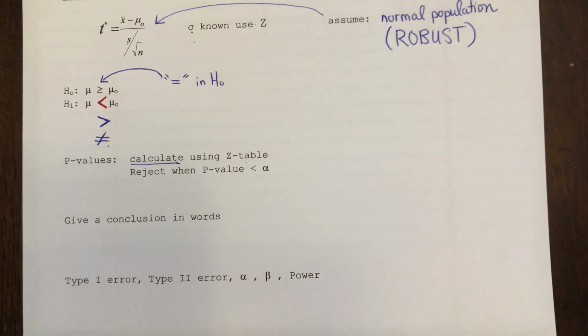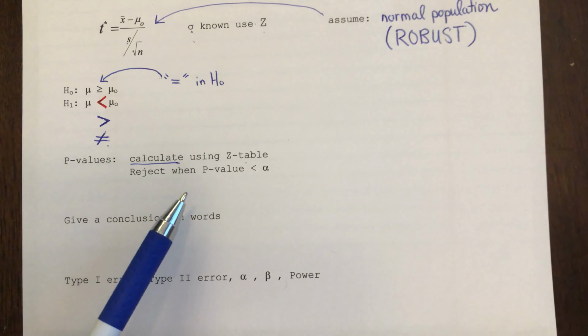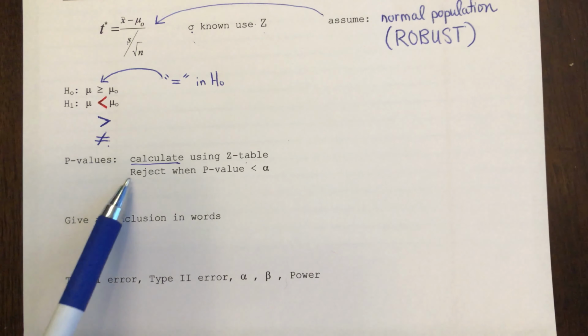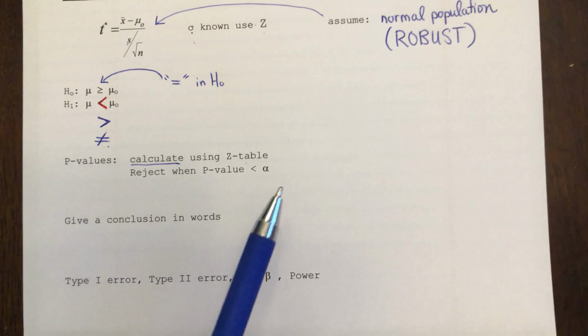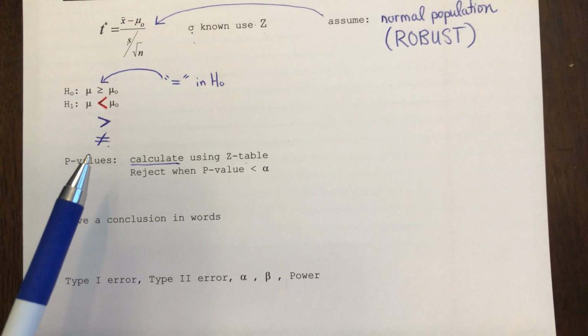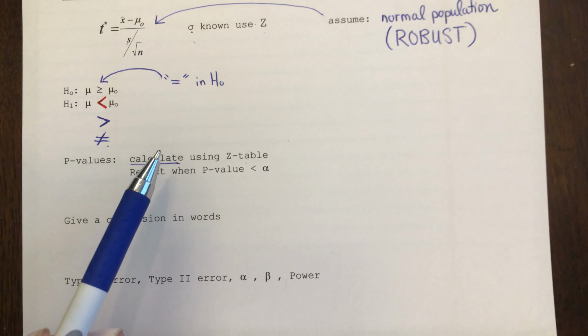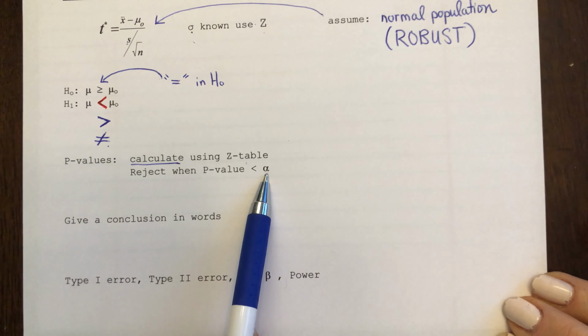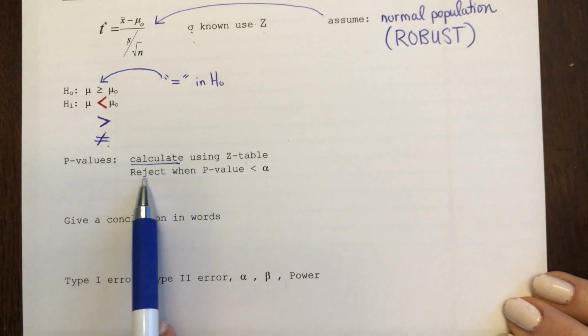Remember what the p-value does? It basically tells you the risk of being wrong should you reject your null hypothesis, which means the smaller the p-value, the more you reject, okay? So if you're given an alpha, if you just remember reject when the p-value is less than alpha, that helps a lot, knowing that alpha tends to range between 0.01 and 0.1.